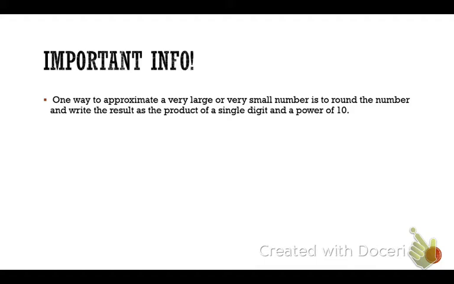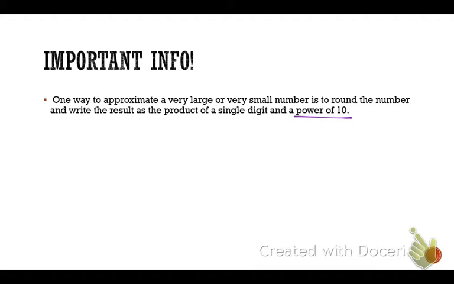We can round that number and write the result as a product of a single digit and a power of 10. One thing I need you to understand is every place value. I have the ones place, the tens place, the hundreds place, the thousands place. Every place value is what we call a power of 10.